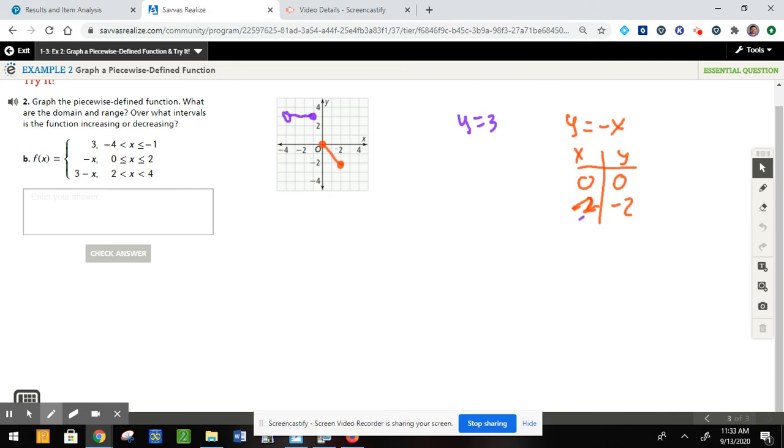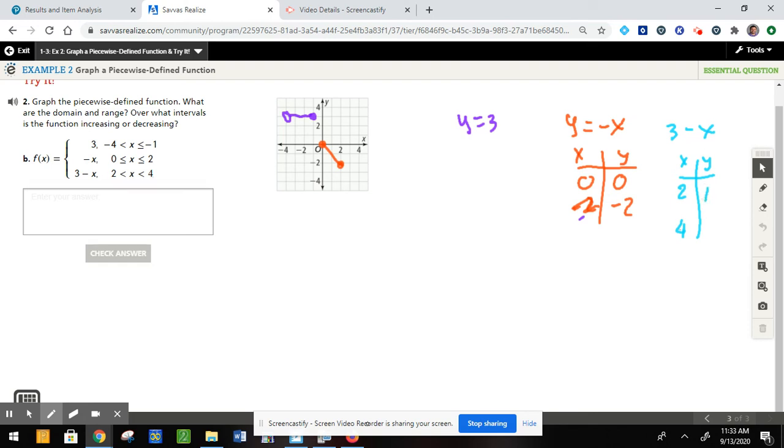And then three minus x. So I'm going to do 2 and 4. I'm picking 2 and 4 for my x values because those are the endpoints of the domain given. If I substitute 2 in for x, 3 minus 2 is 1.